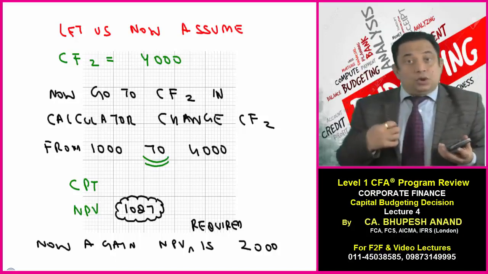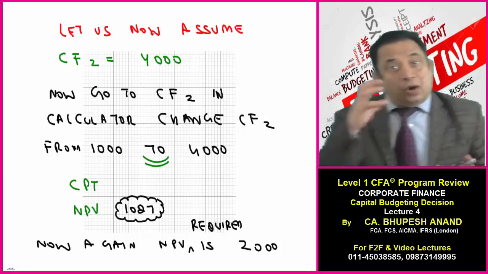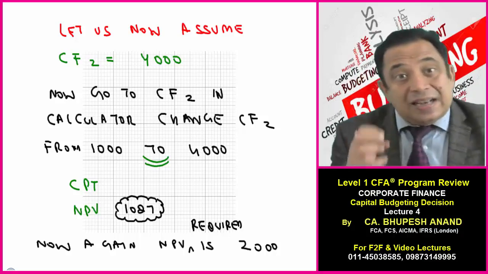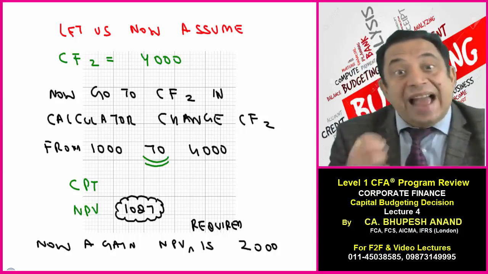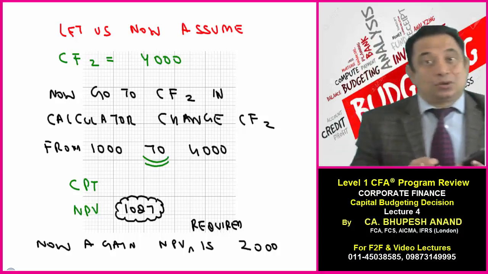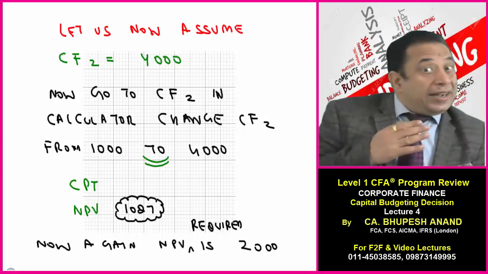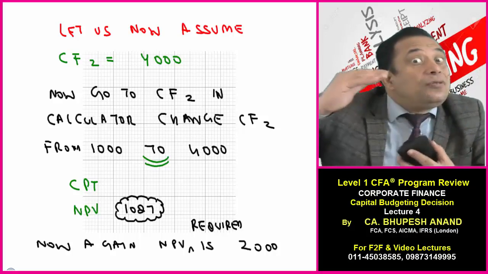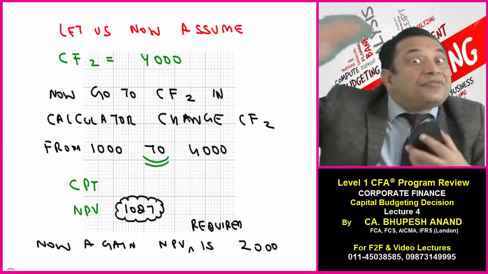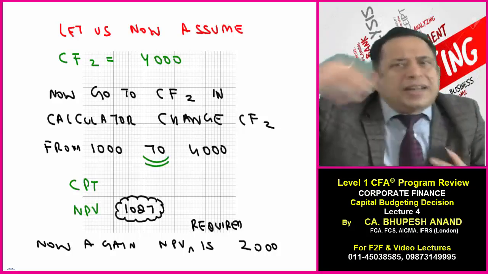Because I know that NPV should be 2000. Now my NPV is coming as 1027 if I assume the cash inflow for the second year as 4000. So again, for getting 1000 more NPV, I have to increase my cash inflow 2 by more than 1000. Let it be 1500.